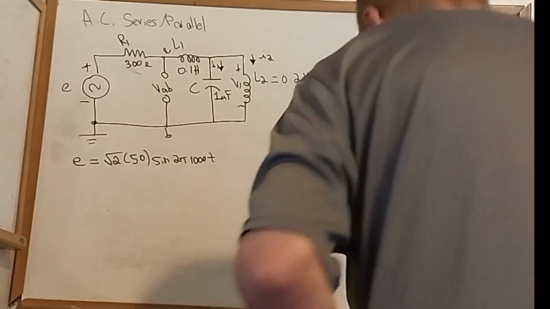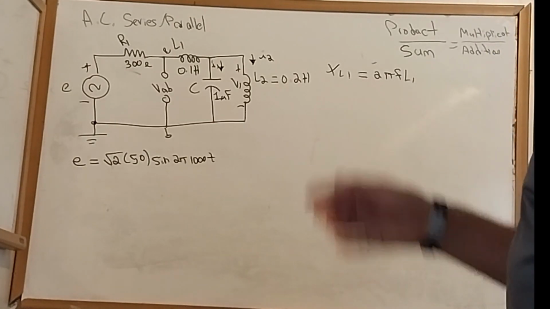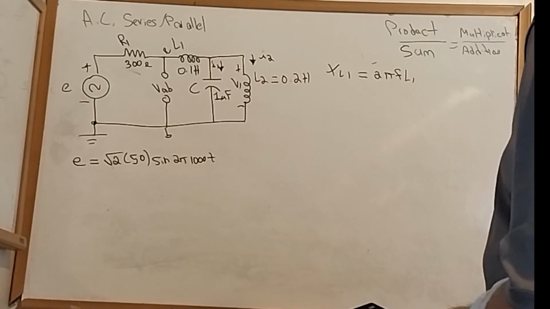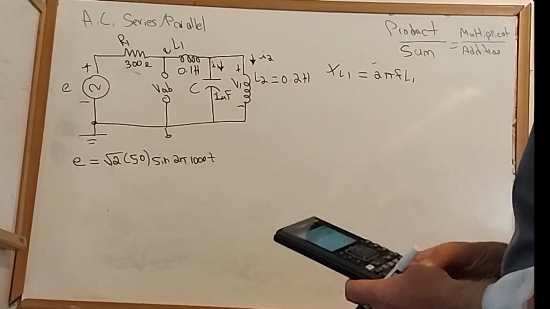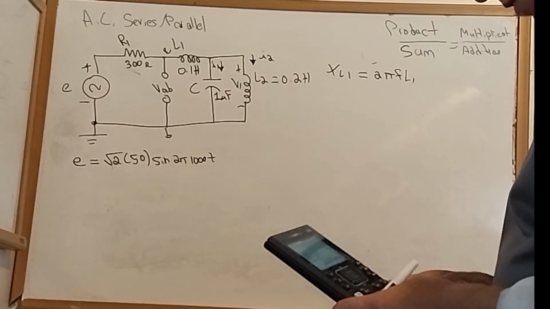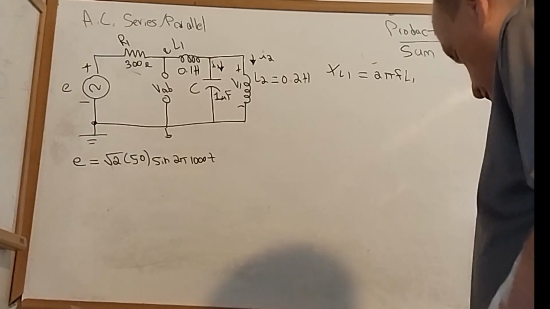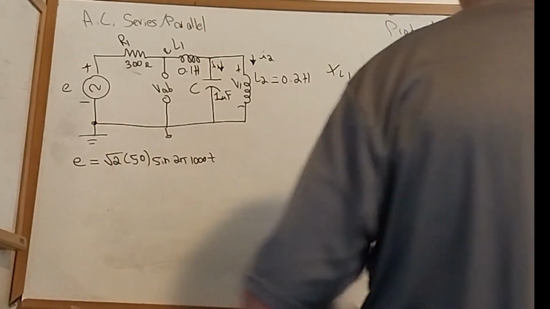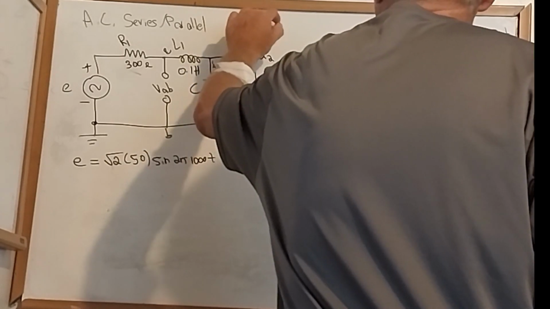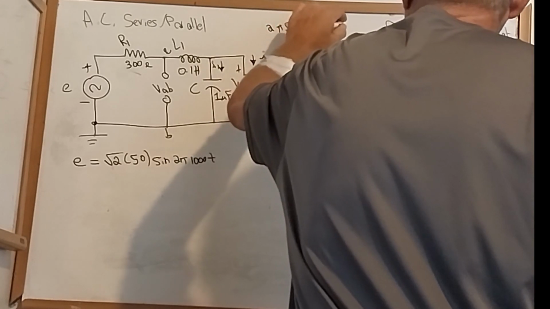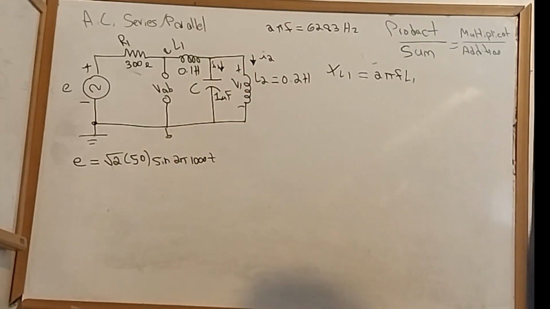To make this simpler, let's just take 2 pi times 1000. 2 pi is 6.28 times 1000, so 2 pi f is equal to 6283 hertz, where the only unit here is hertz.